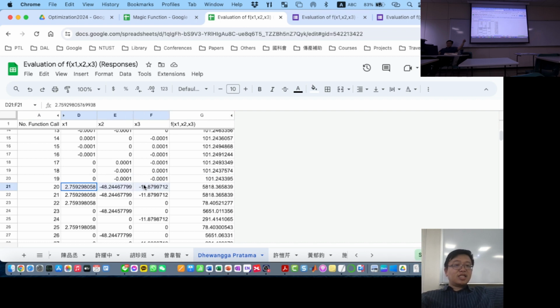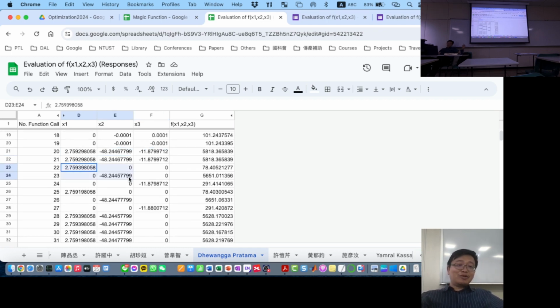So I guess this was his result based on Newton's method in the first iteration. So he started to use the same trick. He started to have increments. But this part he didn't do it right.